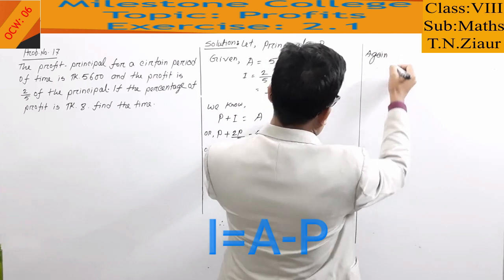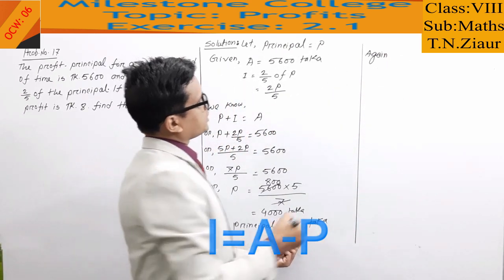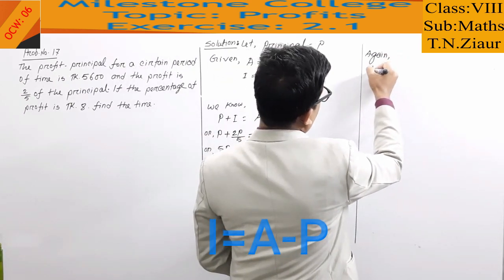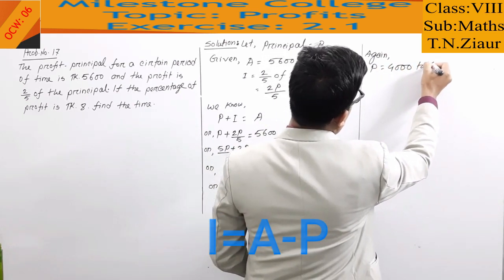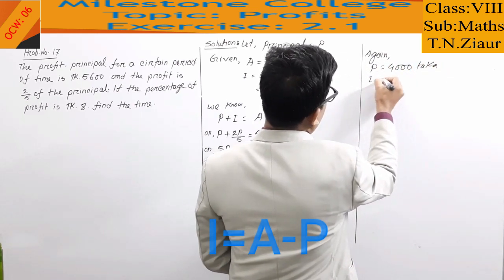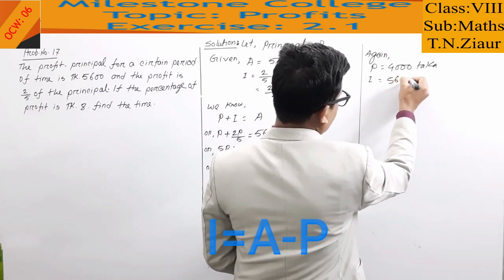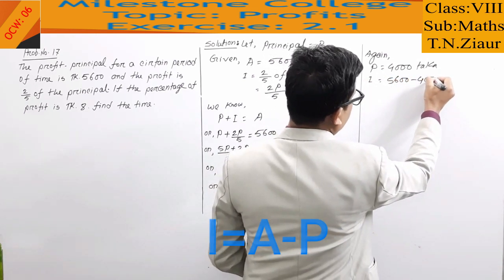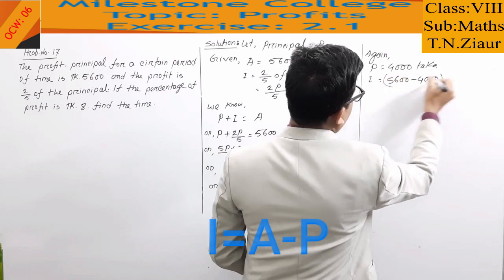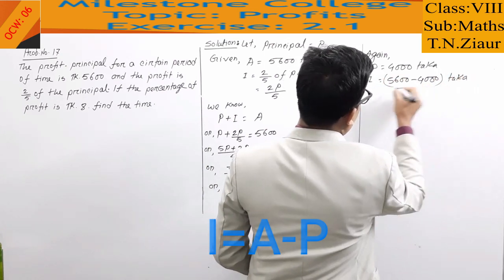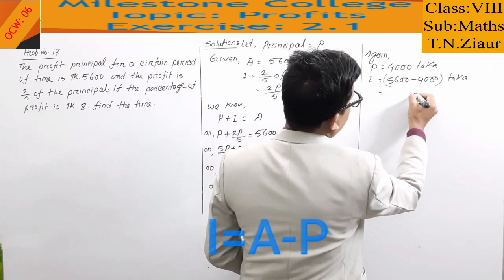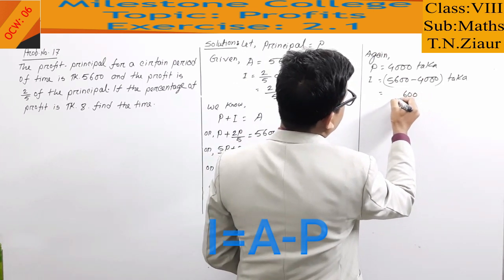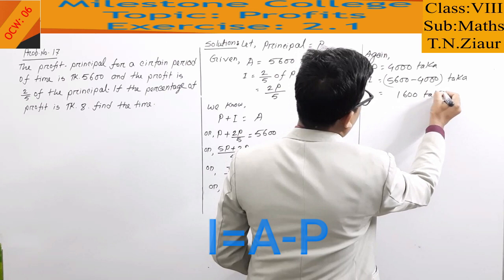Here, p is equal to what? Already we got p is equal to 4000. Just write here again, p is equal to 4000 taka, and I is equal to what? You can subtract, 5600 minus 4000, that means 1600 taka.